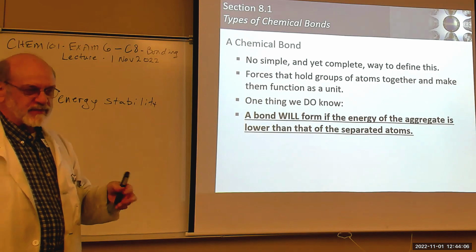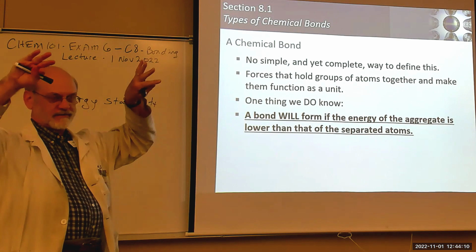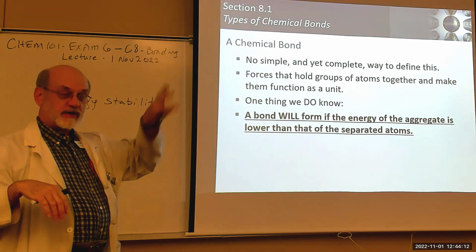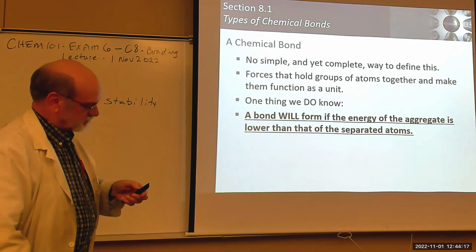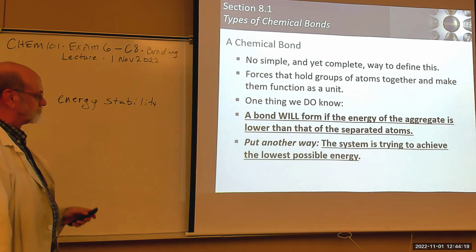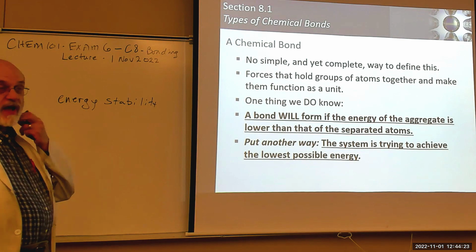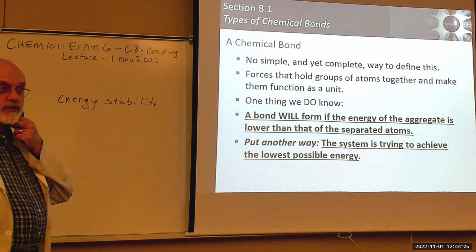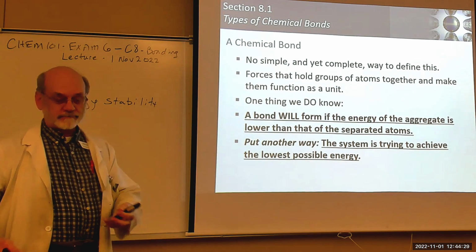A localized minimum for the explosive is lower than the products of an explosion or the reactants that go in to make it. So the system is trying to establish the lowest possible energy it can obtain under the circumstances.